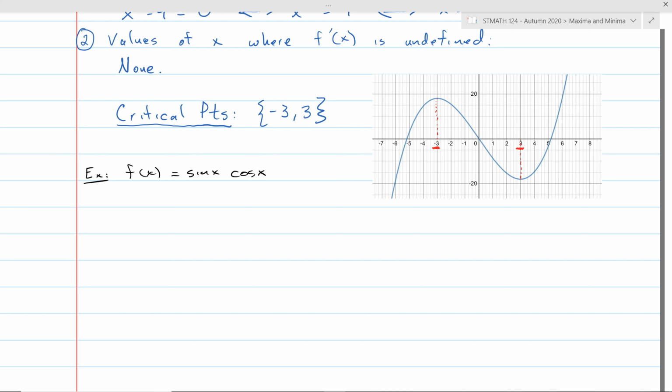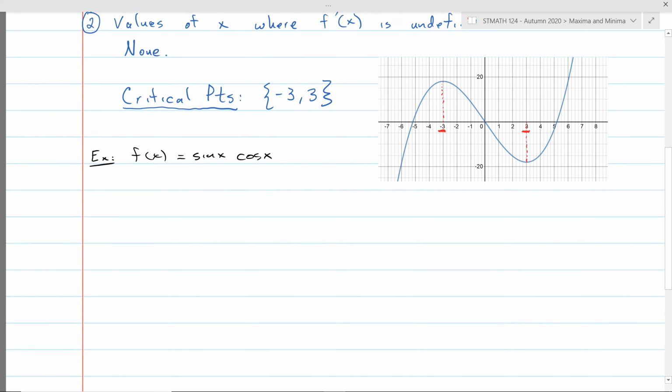In fact, it looks like on the graph we have a local maximum at -3 and a local minimum at +3. But we can see also from the graph that neither of those local extrema are absolute extrema, because you can see the graph goes off to positive infinity as you move to the right, and goes off to negative infinity as you move to the left.